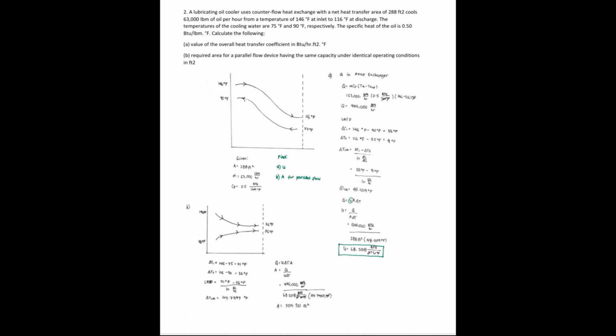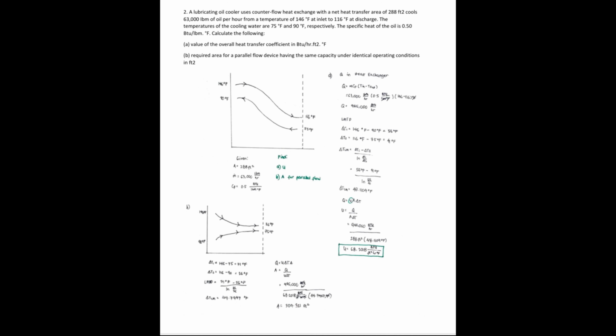Ngayon, ang magiging process naman natin dito, di ba kanina, yung inlet natin, minus natin sa outlet ng cold water. Ngayon naman, yung inlet natin ng hot fluid, ima-minus naman natin sa inlet ng cold fluid.